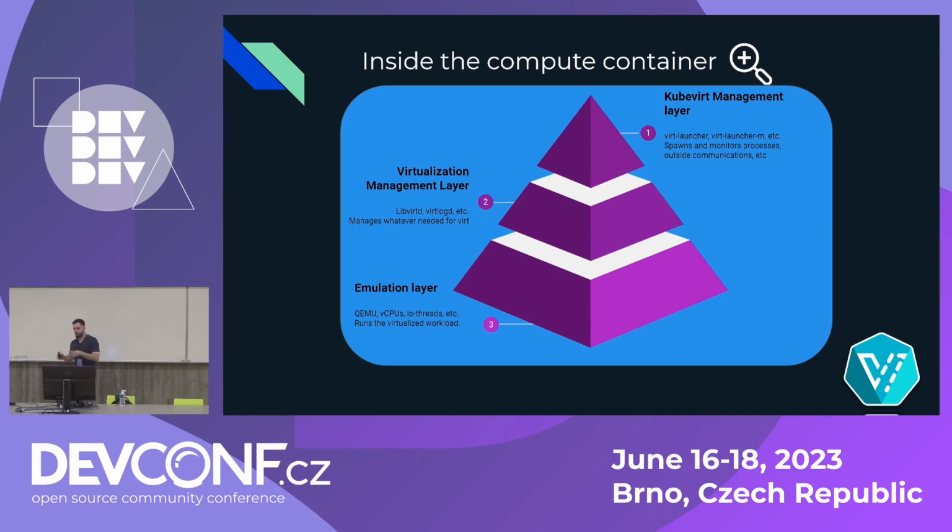So this is the first layer. Another layer is the virtualization management layer, which basically consists of libvirt, virtlogd, etc. And the third layer is the emulation layer, which means basically QEMU, the vCPUs, which is basically the guest itself.